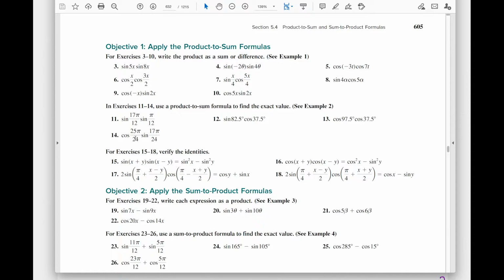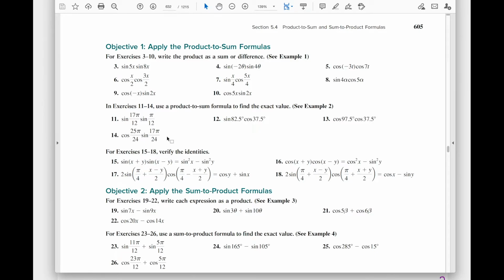This is because 25 pi is 24 pi plus 1 pi, and this means the reference angle here is pi over 24, which is certainly not a remarkable angle, and likewise 17 pi over 24. So I cannot find cosine acting on this, sine acting on this without the use of a calculator.